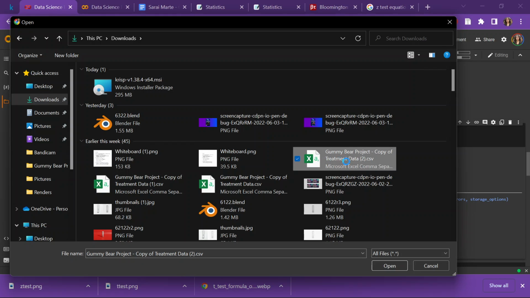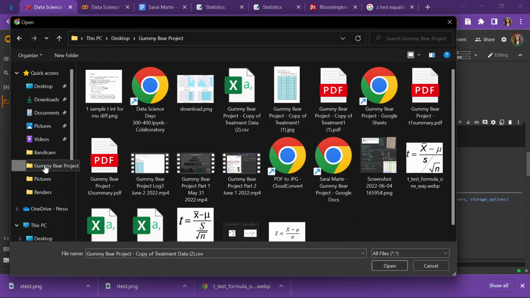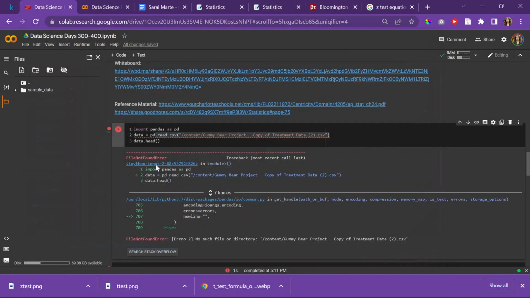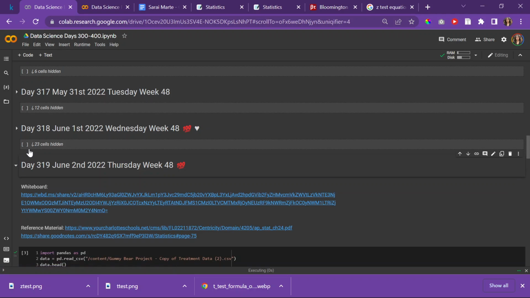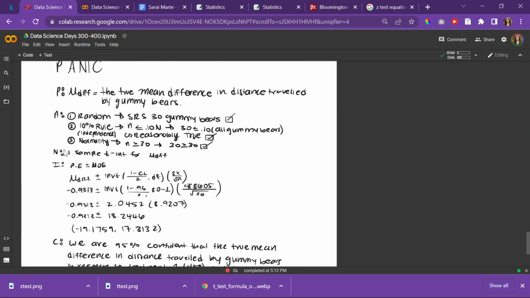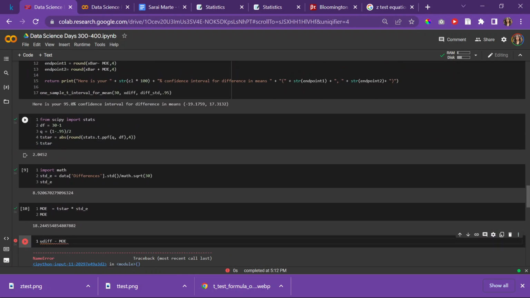Can we also move it to Gummy Bear? Here, Gummy Bear, where is it? Copy of data treatment two. All right, now let's close this and run everything. It's still going to give me the same thing. See? Same thing.